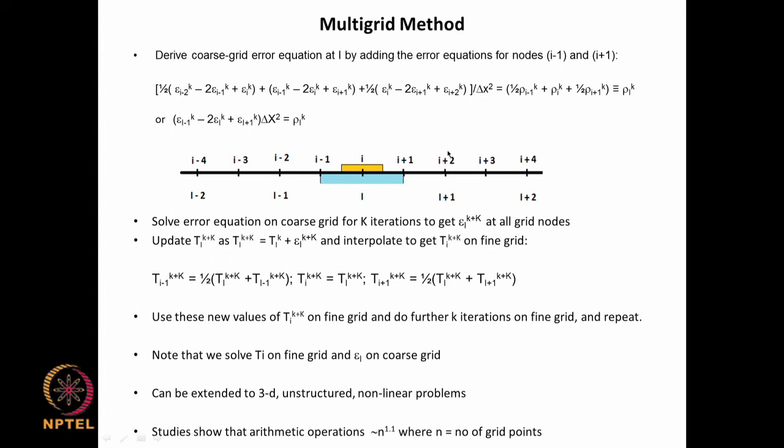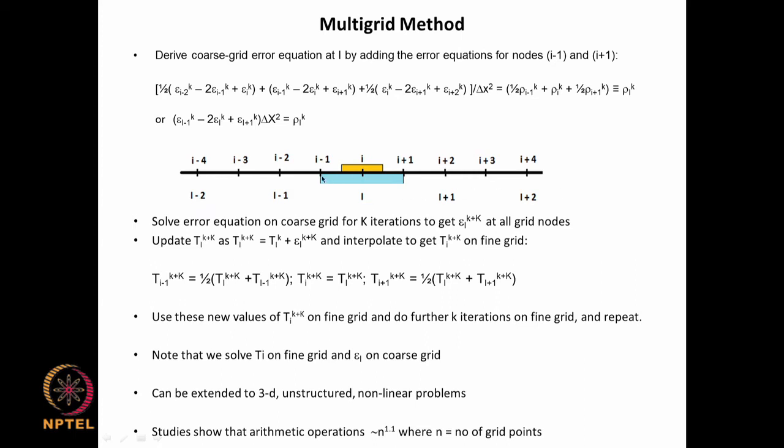So, you switch between the fine grid and the coarse grid. You solve the original equation involving the true variable T on the fine grid, estimate the error, and then solve the error equation with the prolongated residual on the coarse grid, and from the coarse grid you have the estimated error.